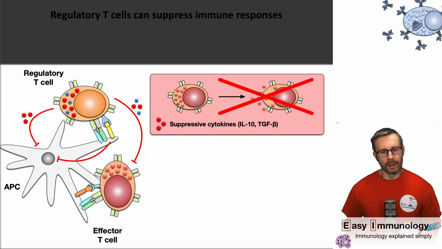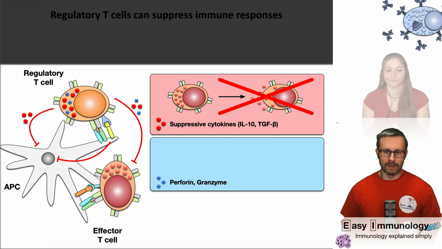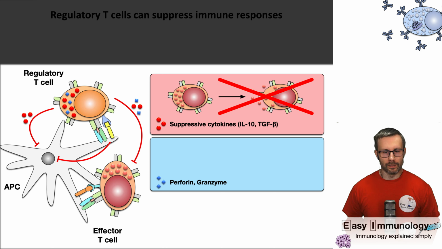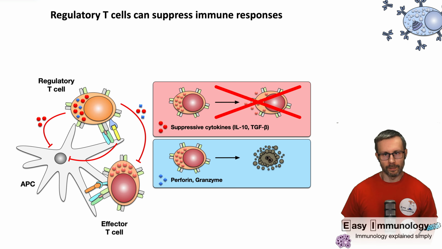This is also done to the antigen-presenting cell, so it's basically my sentence with go to bed and sleep and try again tomorrow. And they also produce perforin and granzyme that we know from the CD8 positive T cells. And this is a more extreme measure of protection because they then kill the cell and then the autoreactive cell is gone. There's no try again tomorrow for that cell if it is that dangerous.